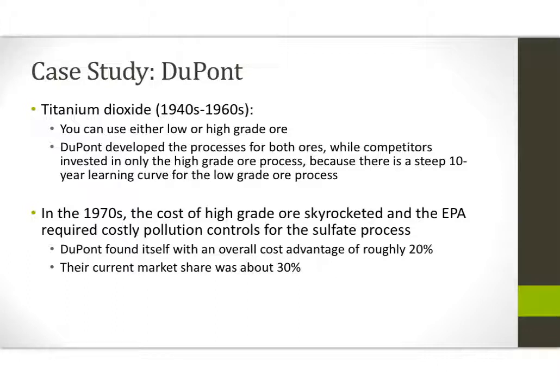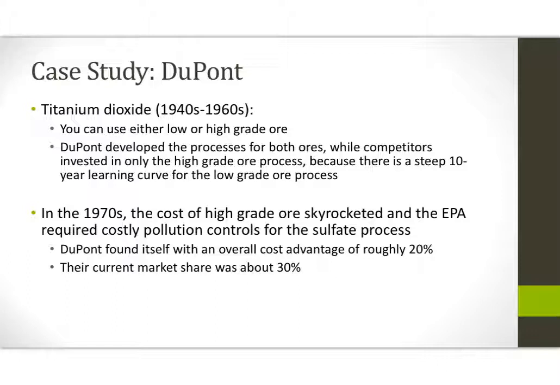In the 70s, the cost of high grade ore skyrocketed, and the EPA was developed in the early 70s, and they required costly pollution controls for some of the pollutants that were emitted during the refining and the processing, in particular the high grade ore process. So this was not necessarily foreseen in the 40s to the 60s. Then in the 70s, everyone using the high grade ore suddenly finds themselves with these extra costs.